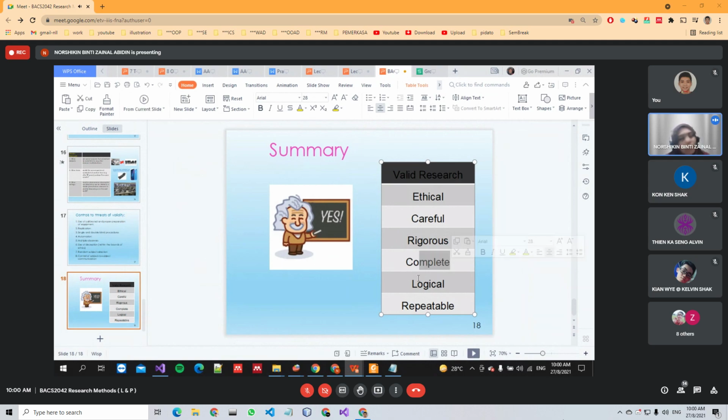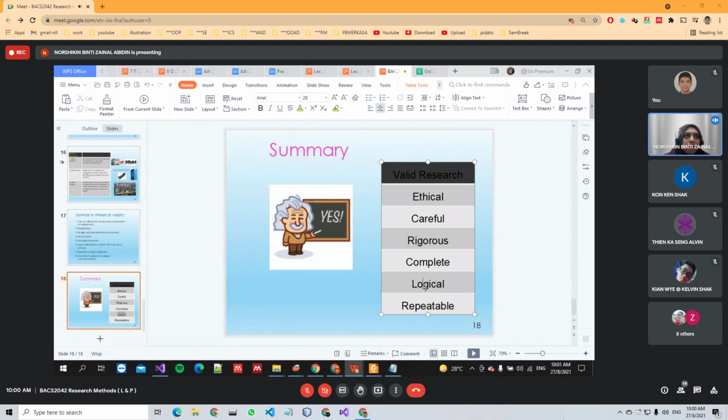Like I said just now, on the data, you cannot suddenly put this is your result, but you do not explain or justify why this is the result. And then logical. Of course, in research, it needs to be logical and can be accepted by explanation.